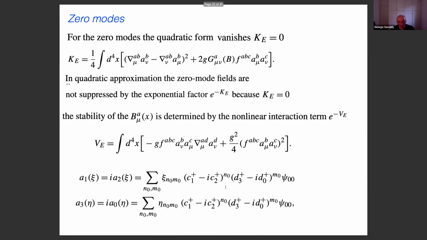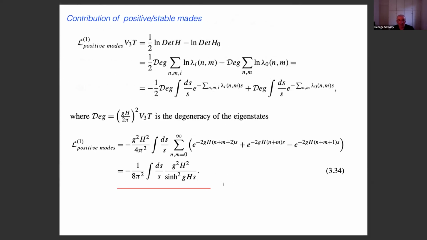So before we do that, let's do first the positive mode. So what I write here: contribution of positive stable mode. So we have to sum. One loop contribution is equal actually to the logarithm of the determinant of h mu nu, minus this logarithm, which is the contribution of the Faddeev-Popov ghost.